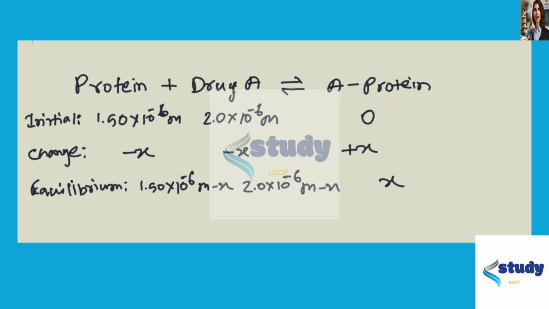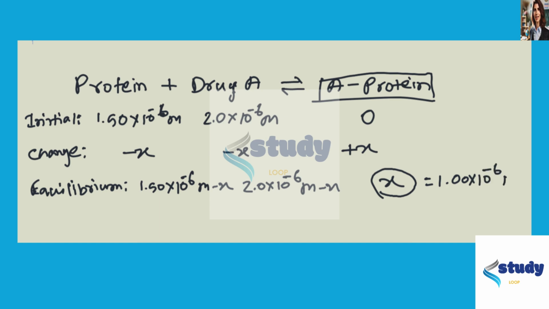In the question we are given that the equilibrium concentration for this drug protein complex is 1 times 10 to the power minus 6 molar, and that means the value of x is 1 times 10 to the power minus 6 molar.